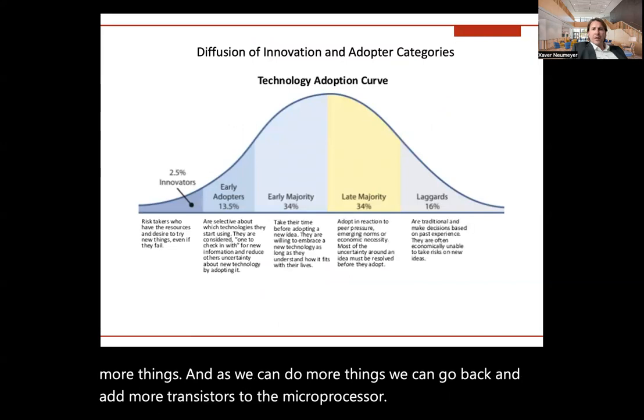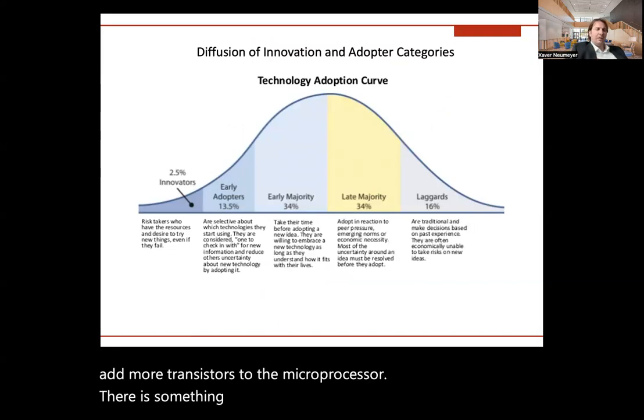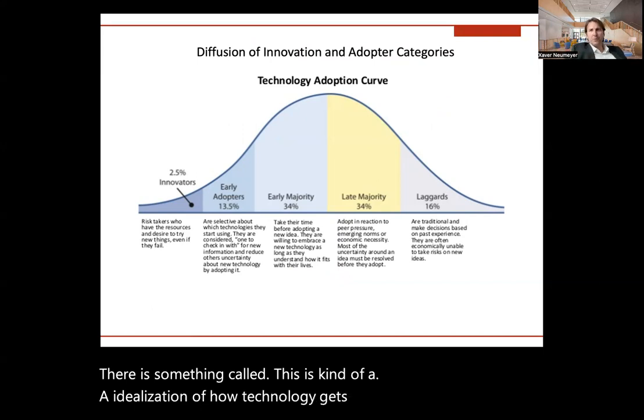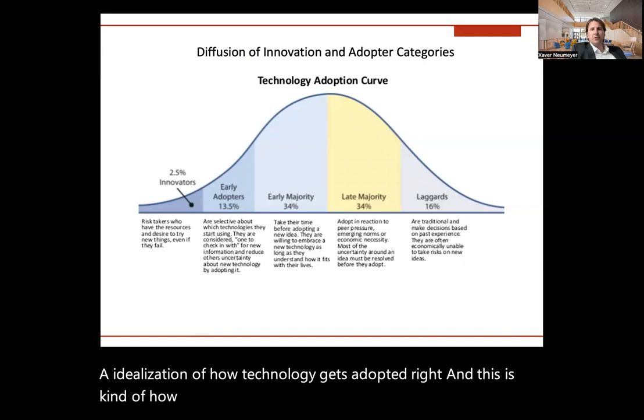This is an idealization of how technology gets adopted, right? This is how we characterize certain customer groups or adopter groups. We will talk about the innovators, the early adopters, the early majority, the late majority, and the laggards.